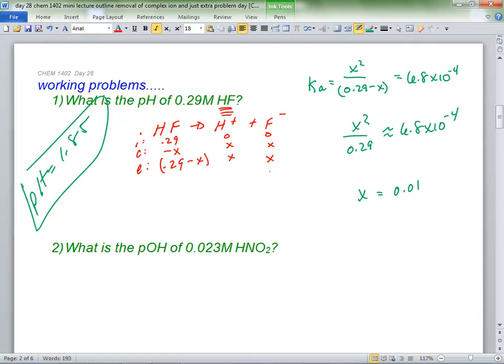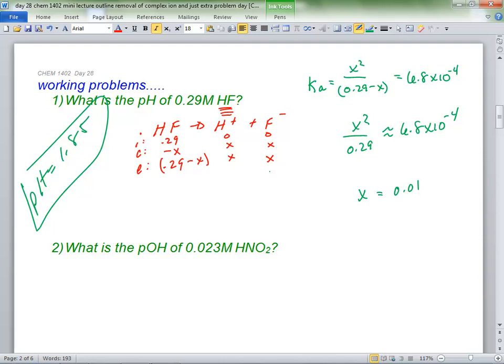What is the pOH of 0.023 molar HNO2? It's pOH, so write a Kb reaction. Mari's saying, why not?